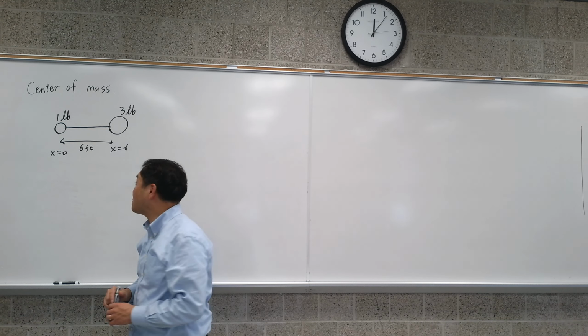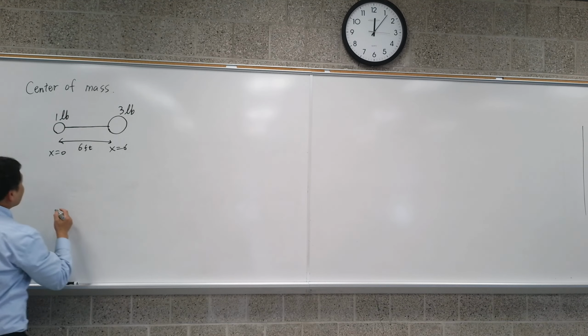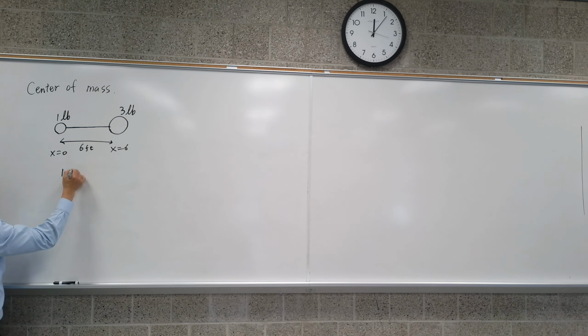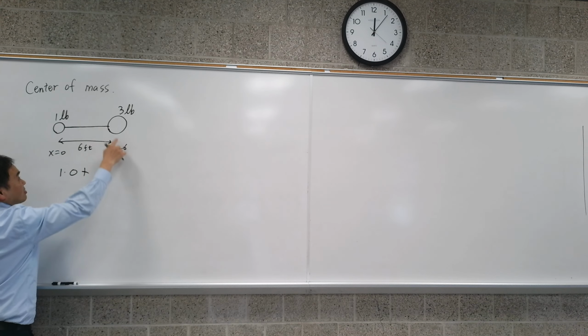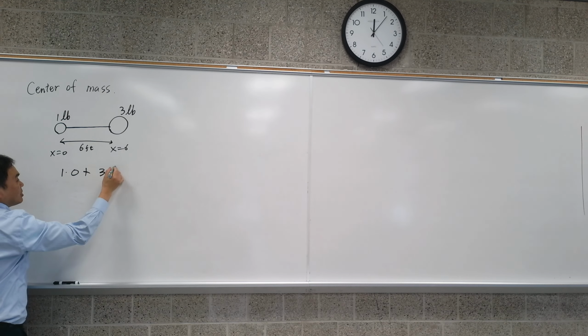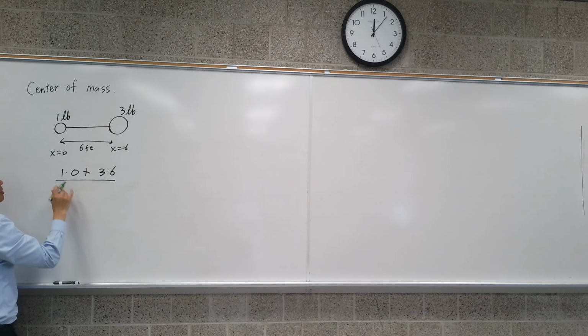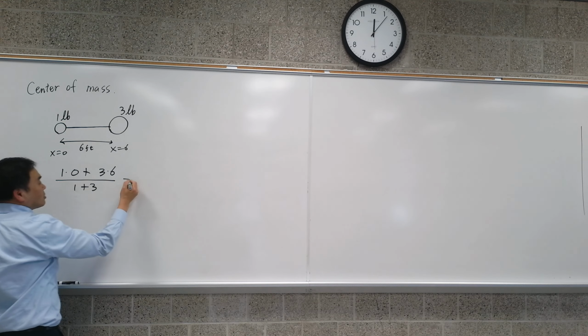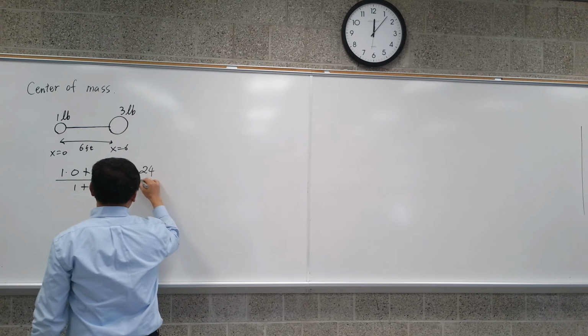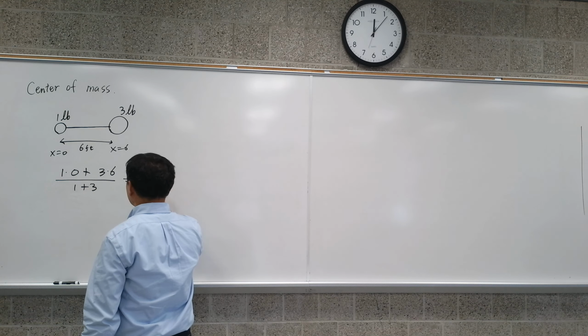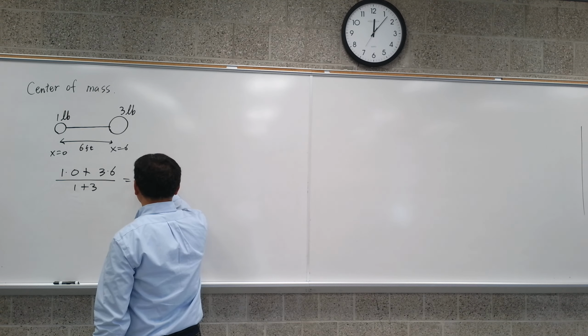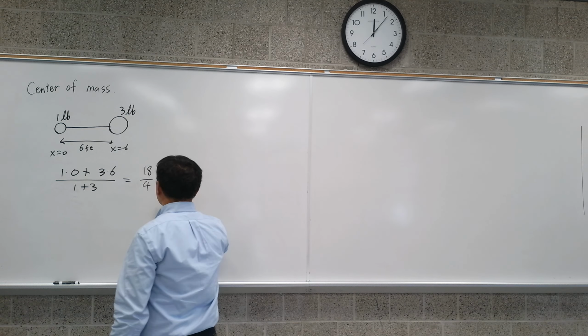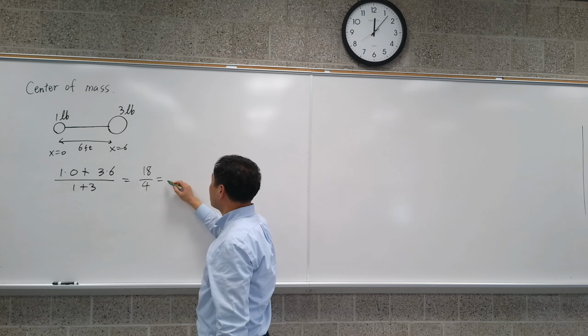You do the exact same thing. You take the weighted average, which is, you take 1 times 0. So the 0 value is multiplied by 1. And 6 value is multiplied by 3. And then you divide it by 1 plus 3, the sum of the weights. So this is 24 over 4. No, something's not right. 18 over 4, which is 4.5, right?